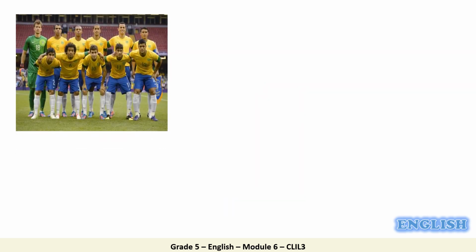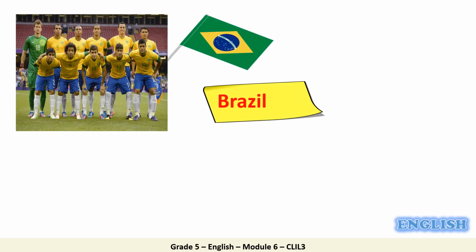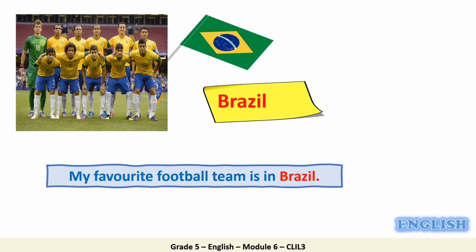Look at this picture. From which country do you think this team is from? Look at the flag. Brazil. Very good. My favorite football team is in Brazil. It's a noun.